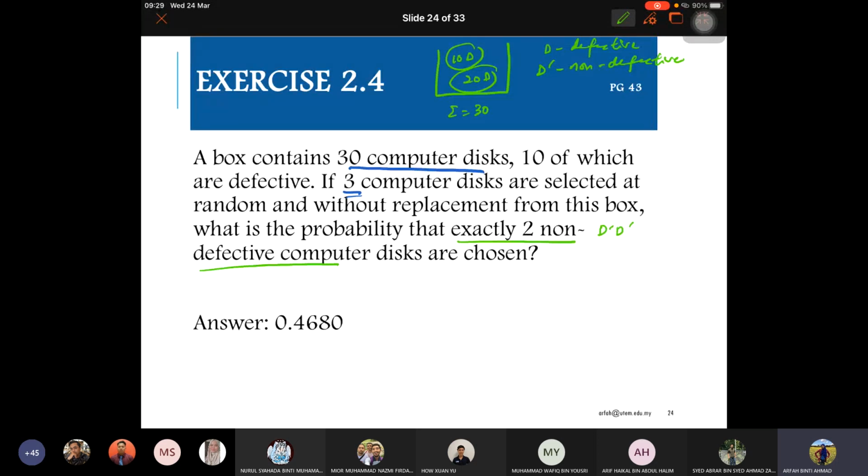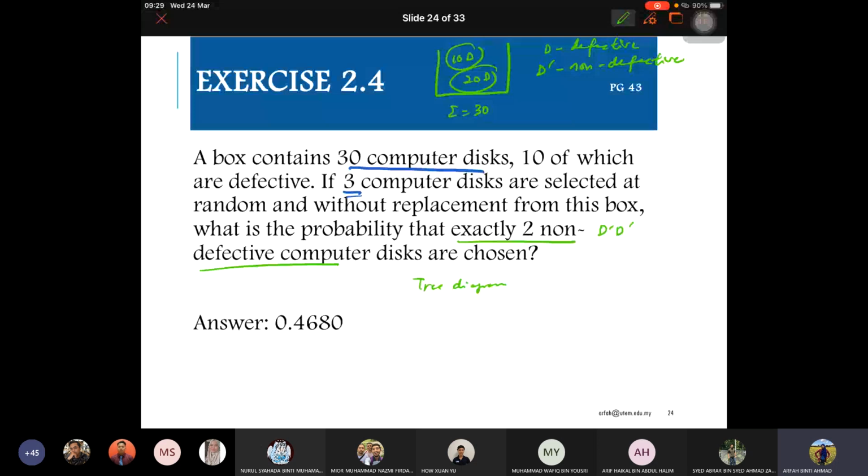So macam mana kita nak kira for this one? In this case, paling simple atau paling mudah nak faham kalau kita buat dia punya tree diagram. Okay. Kita buat tree diagram on the selection, represent dia punya selection.